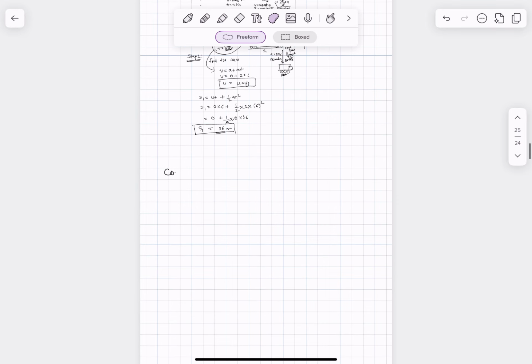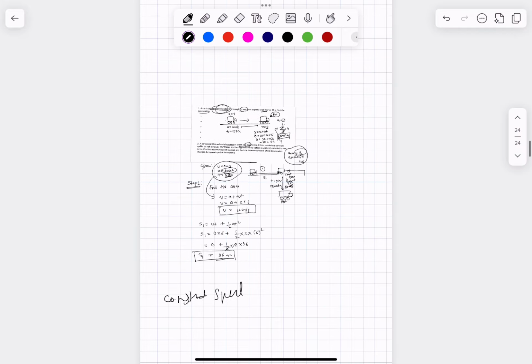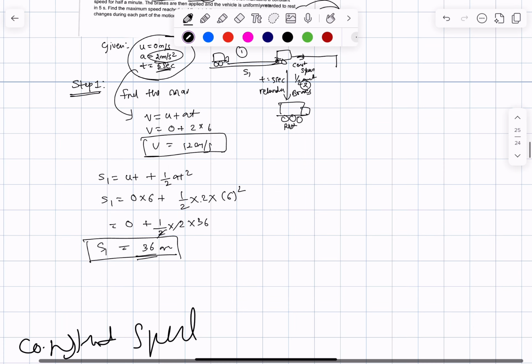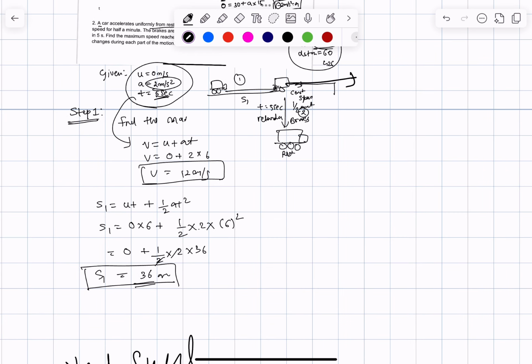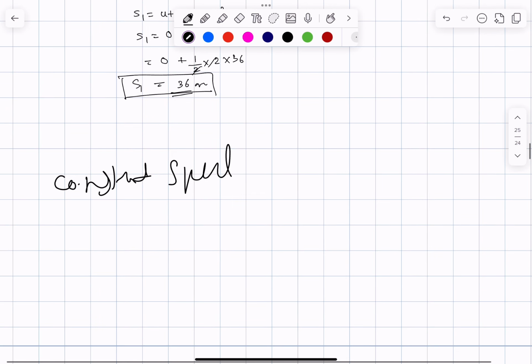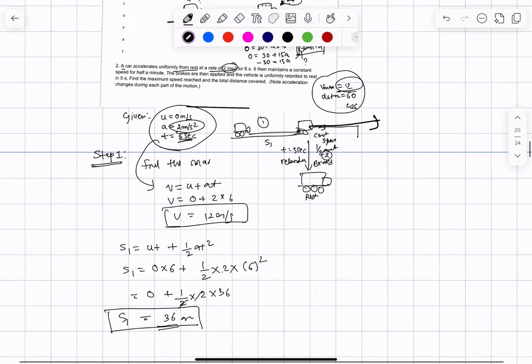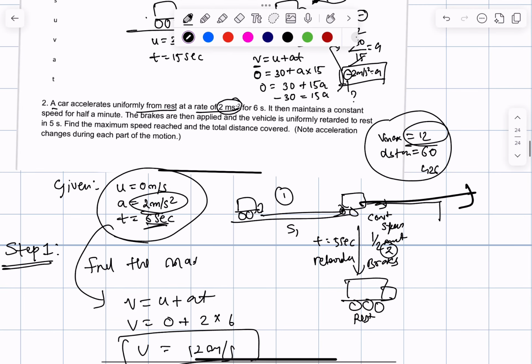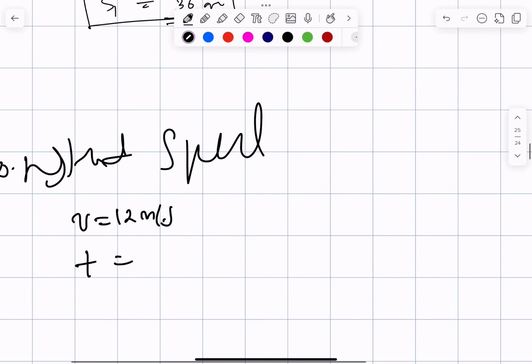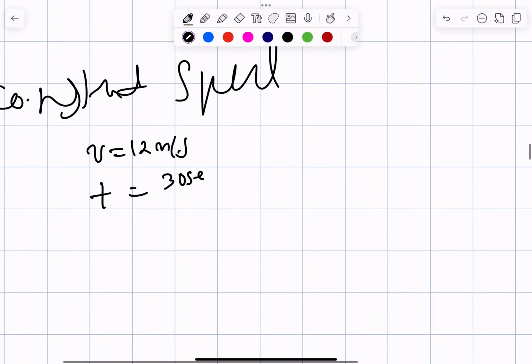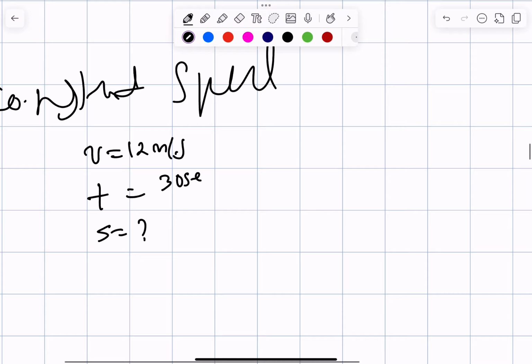They have said that the speed will now be constant, and we already know the speed is 12, so v will be 12 meter per second. And the time taken, they said in the question, the second phase, it maintains constant speed for half a minute, means 30 seconds. Okay, makes sense. So time is 30 seconds, and the distance we have to find.